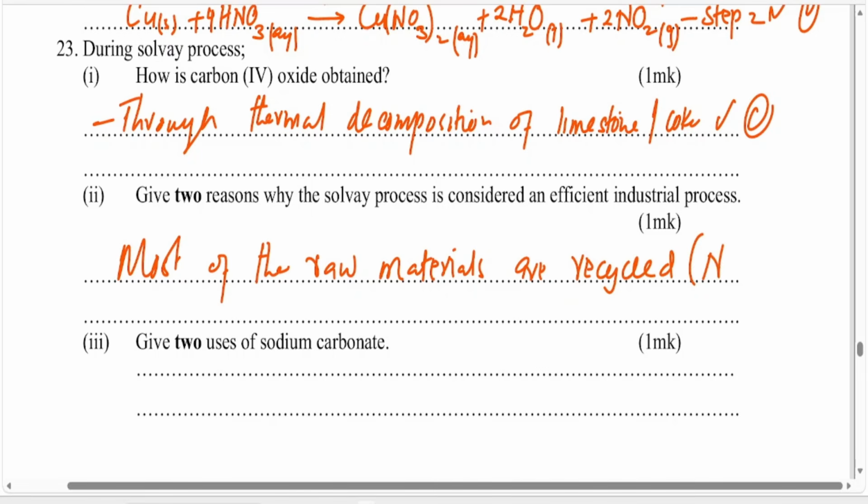For example, we have ammonia and carbon dioxide being recycled. Again, this gives you 1 mark.